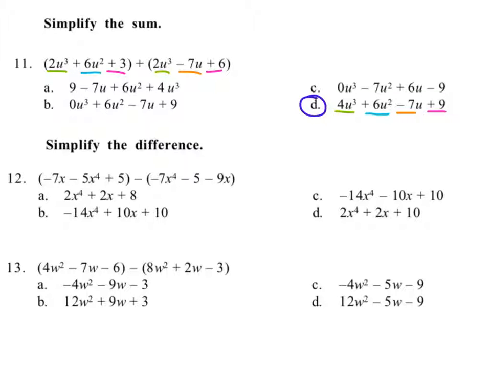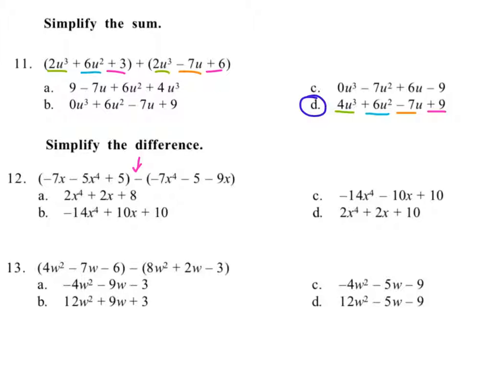Okay, let's do the same thing but with the difference this time. With these next ones, when we're finding the difference, we've actually got to change the sign of everything inside. So let's follow that. Because we're subtracting, that means we're doing the negative of, for example, negative 7x to the fourth.